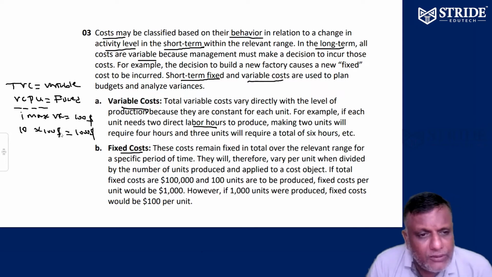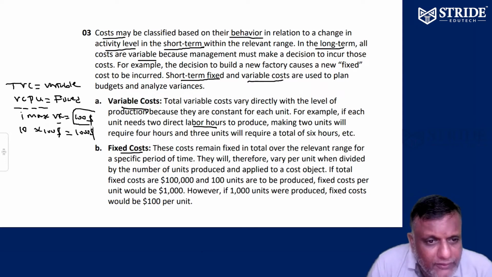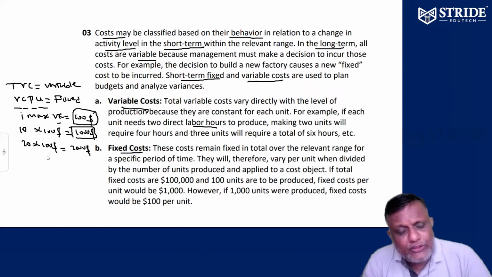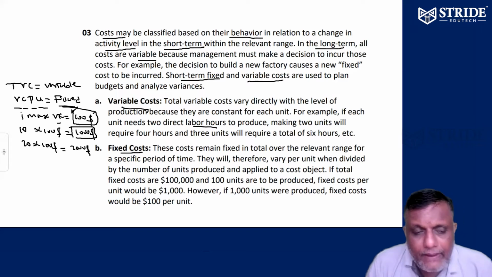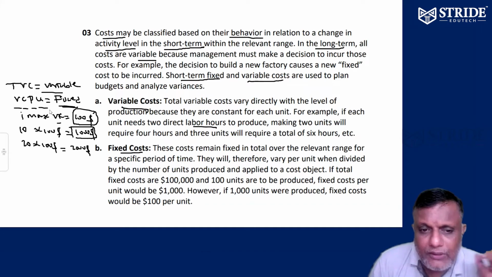So total is variable, but variable cost per unit is fixed. Suppose 20 mouses, 20 into $100, that is equal to $2,000. The more mouses you produce, the more variable expense is going to happen. It's going to be a 1 mark MCQ: variable cost per unit fixed, so total variable cost variable.